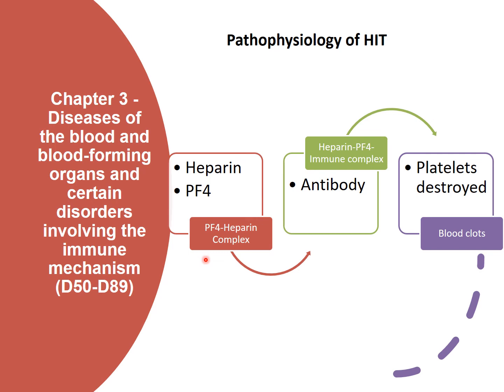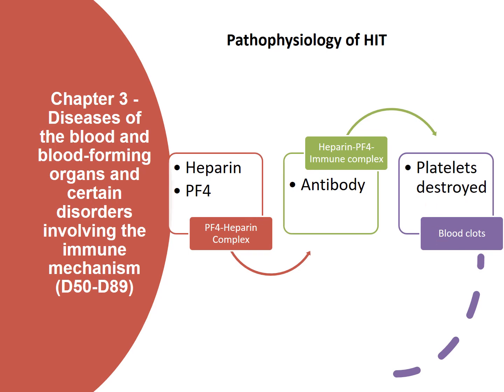Therefore, an antibody is formed against the heparin PF4 complex. This antibody binds to the complex and platelets are destroyed. The disruption of the platelets can lead to formation of new blood clots.